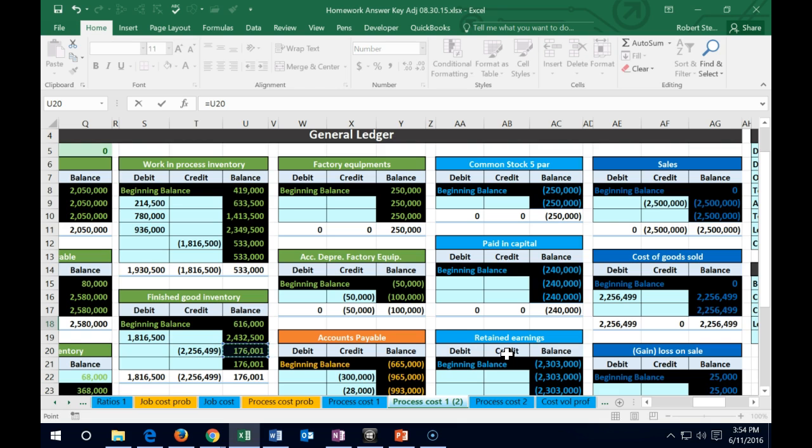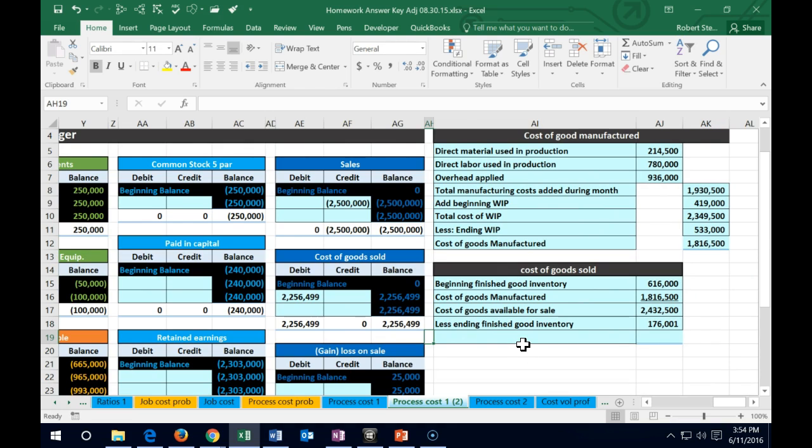So this was the ending count, 176,001 there, and that's how we derived the cost of goods sold, which would then be equal to this number, the cost of goods available, minus the ending inventory, the physical count, and there is that number. I'm going to go ahead and underline this, and there's those two calculations.